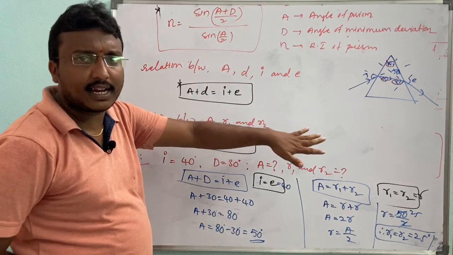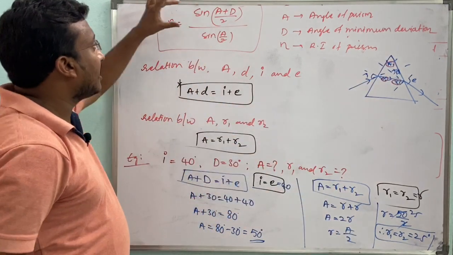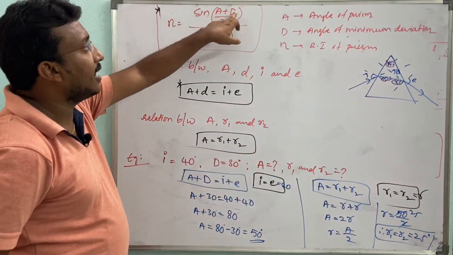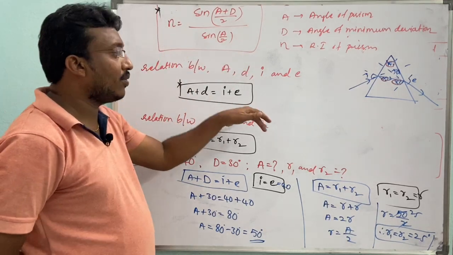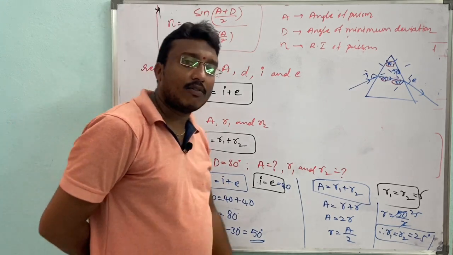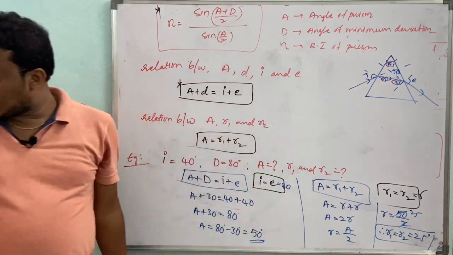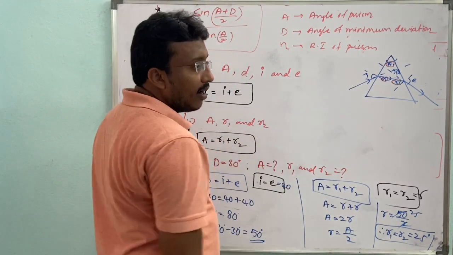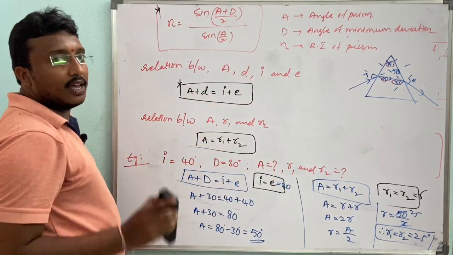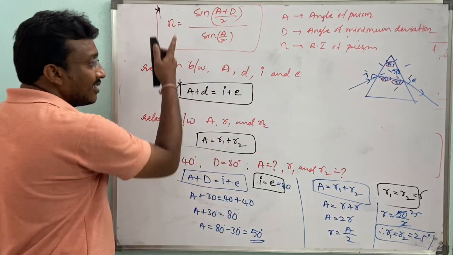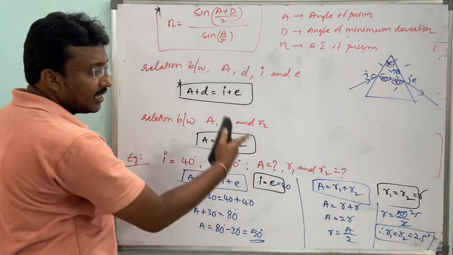Most probably, at 10th class level you will get problems on the prism using either n equals sin((A plus d) by 2) by sin(A by 2), or A plus d equals I plus E, or A equals R1 plus R2, either in the 10th class syllabus, or in the 10th class annual examinations, or in the polytechnic examination also. You may get problems based on these principles only. Practice once and take a few more examples to get perfection in using these principles.